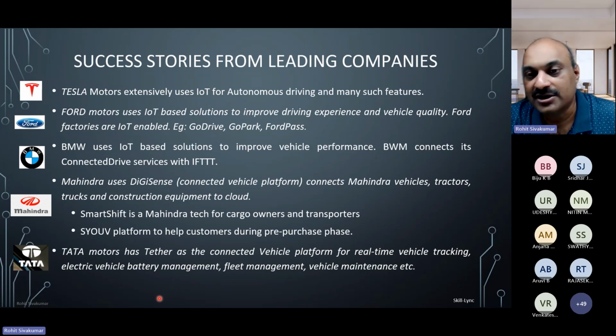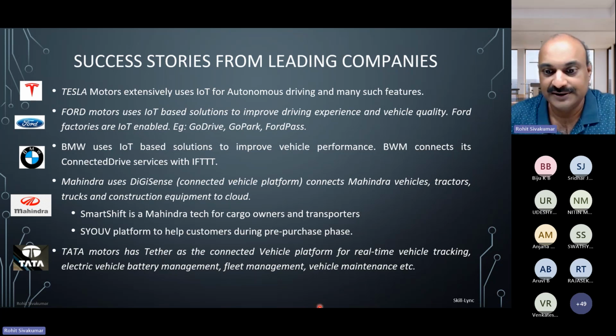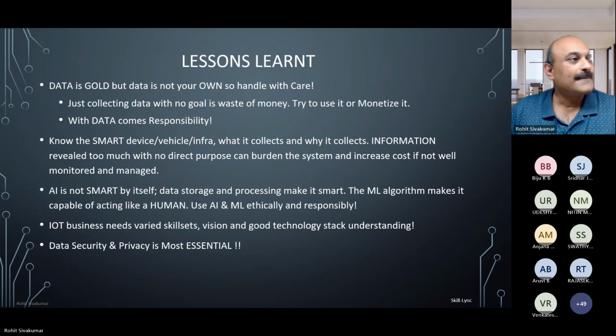If it's being constantly charged on a fast charging cycle, then for the health of the battery, it will also enforce slow charging cycles. So those are different technologies which are enabled by these platforms. So these are some of the happening things in today's environment in the automotive, with all these companies offering these technologies.